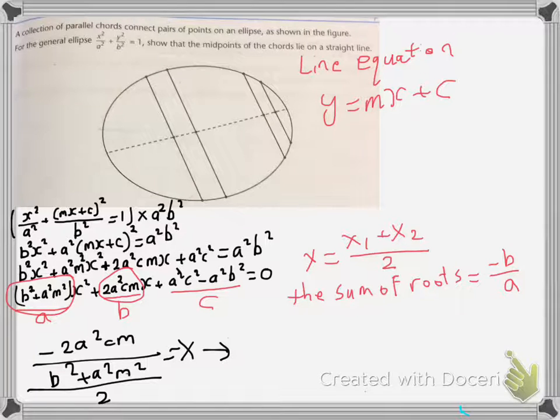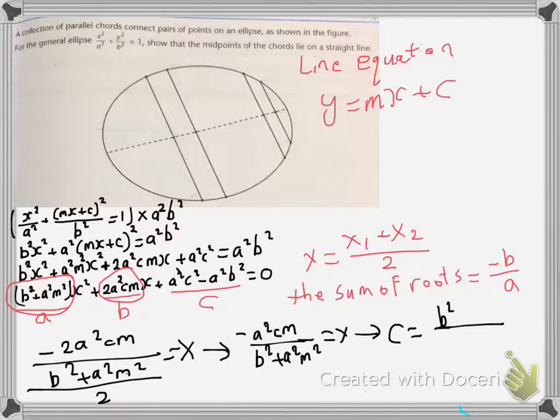Now if we rearrange, we will have negative a squared cm over b squared plus a squared m squared equals x. If we rearrange for c, c will be equal to b squared plus a squared m squared over negative a squared m, times x.